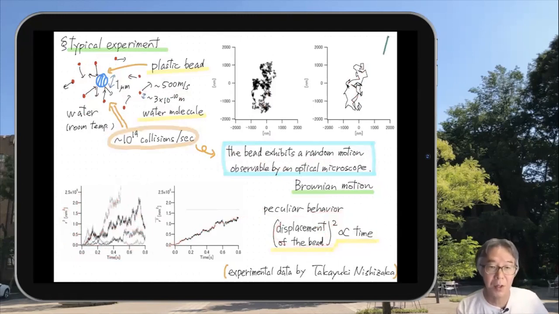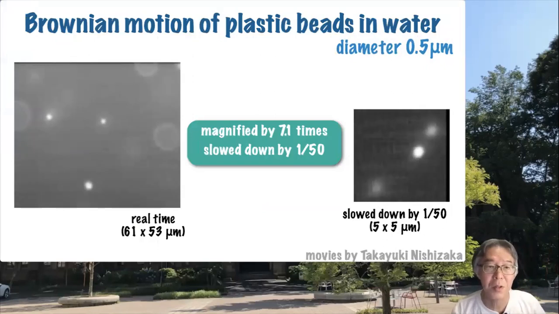This data was provided by my colleague Takayuki Nishizaka, who is a biophysicist. He also provided me the movies, so let's take a look at them. These are movies taken by a microscope.